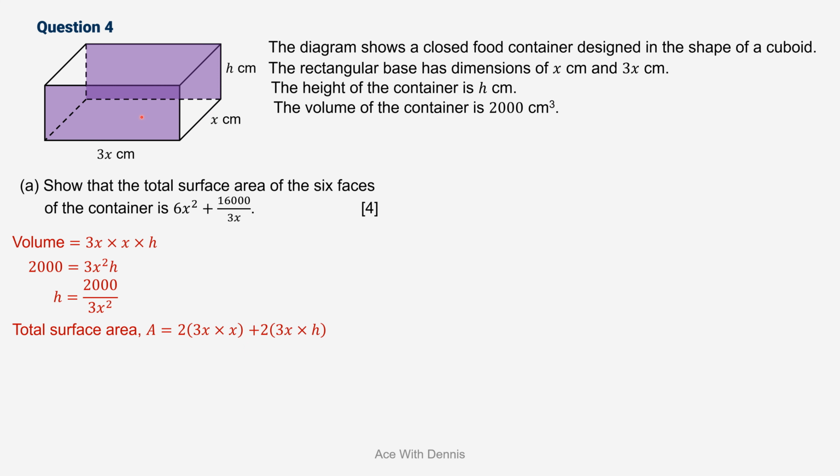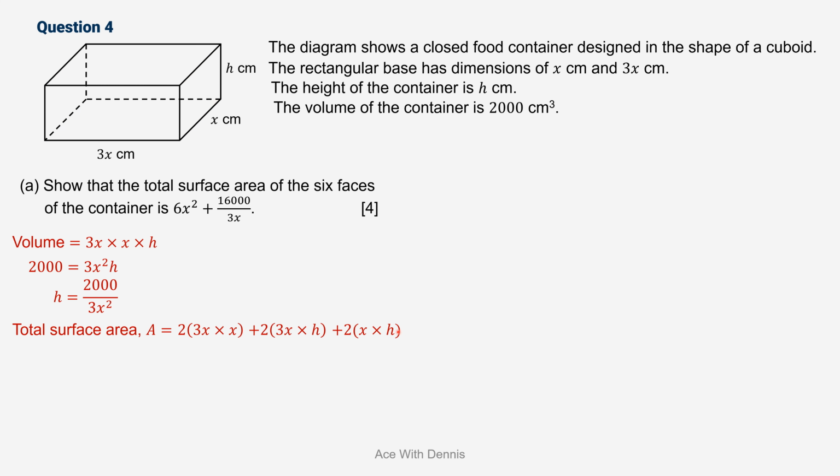Then plus the front and the back face, which is also another identical rectangle where this length is 3x, this length is h. So it's 3x times h times 2. Next, we go to the left and the right faces, which are also identical, where the area of one side here is x times h, so xh, then times 2 here.